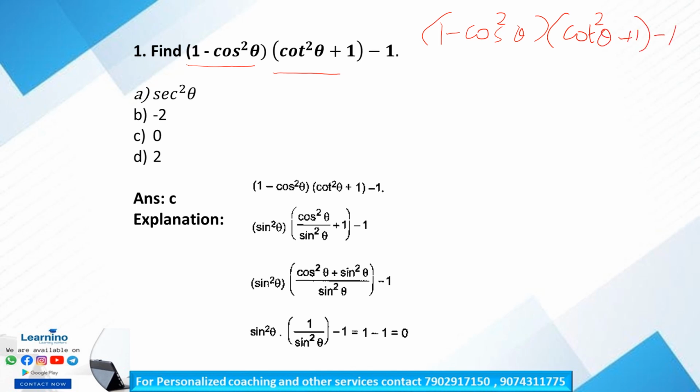So what is 1 minus cos square theta? It is sine square theta, isn't it? 1 minus cos square theta is sine square theta. Also cot can be rewritten as cos by sine, right? So cos divided by sine is equal to cot. So what is cot square theta?